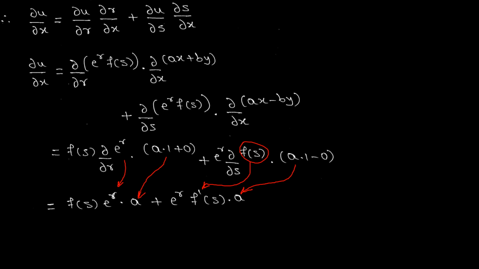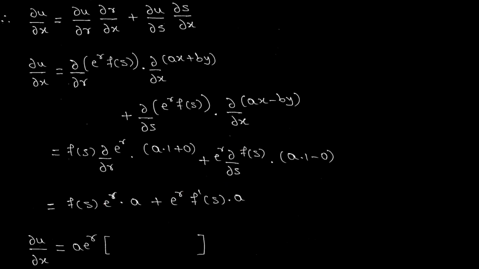Now it is very clear that a into e to the power r is common in both the terms. A into e to the power r we can take outside as common. Yes, we have taken as common. What remains inside? F of s plus f dash of s. So this is our dou u by dou x.